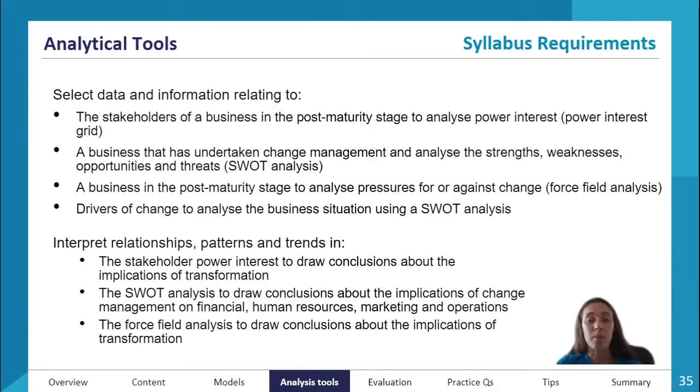A business in the post-maturity stage to analyze pressures for or against change. You can see how each of these corresponds to those different analysis tools, which we'll go through next.